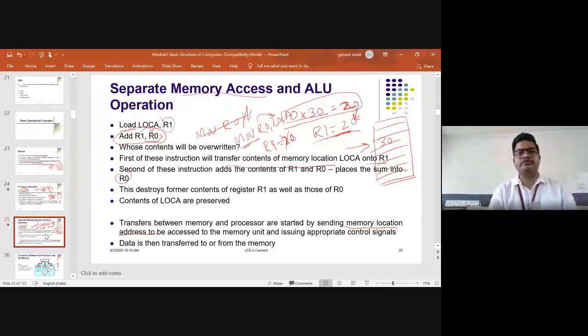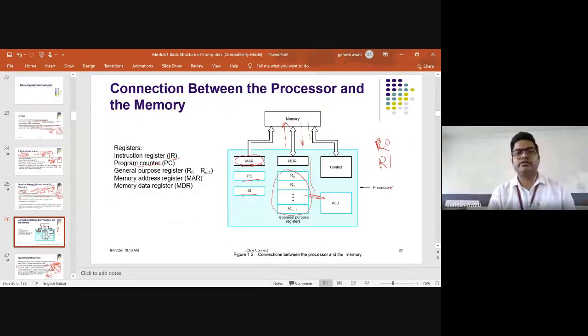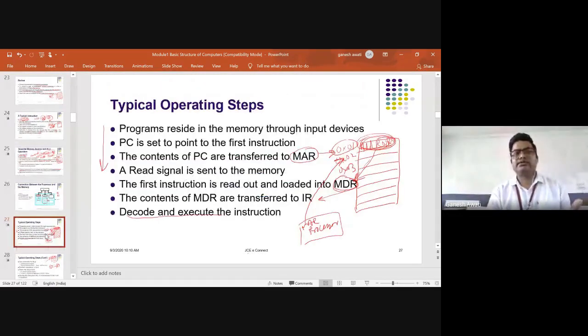How to read from a memory, and what gets overwritten, we have also discussed. Then how the processor and memory are connected, and the typical operating steps that have to be followed for one particular instruction to be executed by the processor.